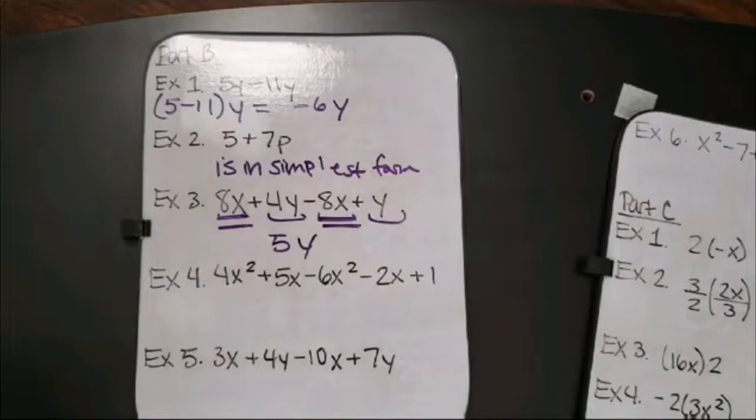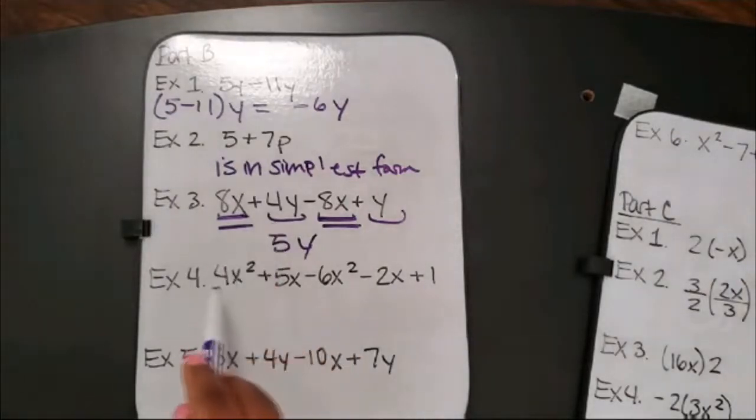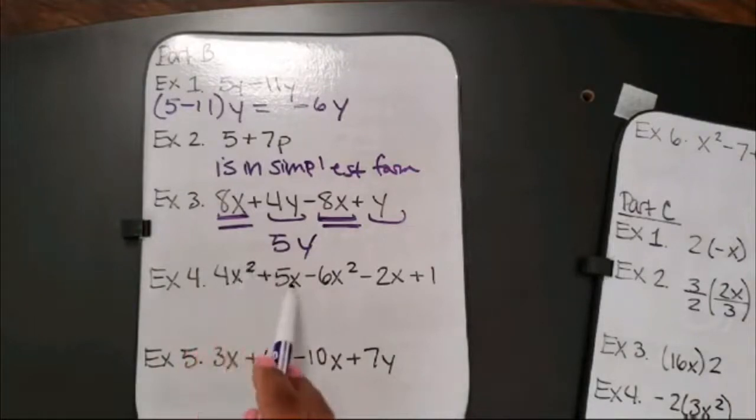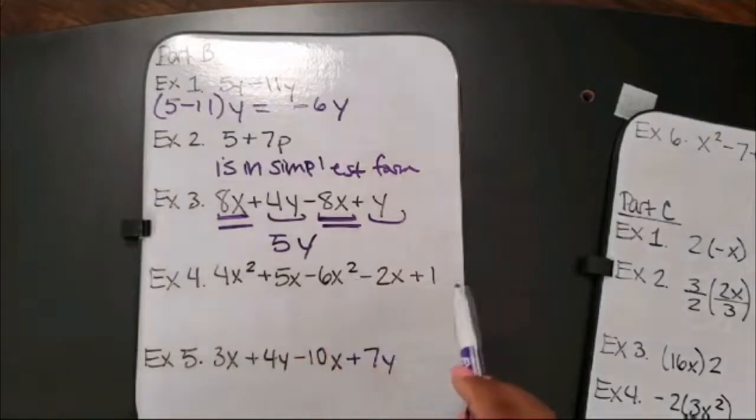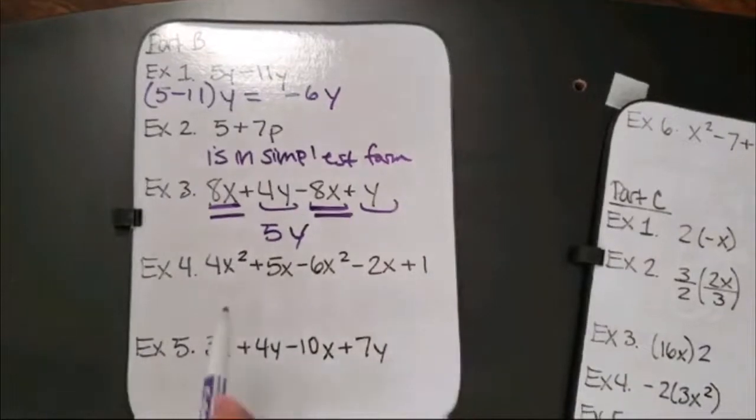For number 4, let's look at our terms and let's find the things that are alike so we can figure out what we need to combine. So here we have x squared, we have x squared, x, and then we have 1, which is a constant.